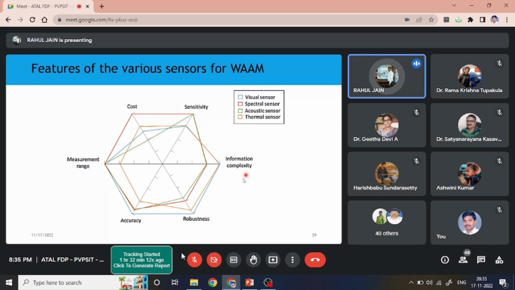So that way it is good. Robustness, it is slightly less for a very simple reason I have already told you. You need to filter out the wavelengths which are coming not because of the temperature, but because of the arc or because of the laser reflectivity. And that is why accuracy is slightly on the lower side.